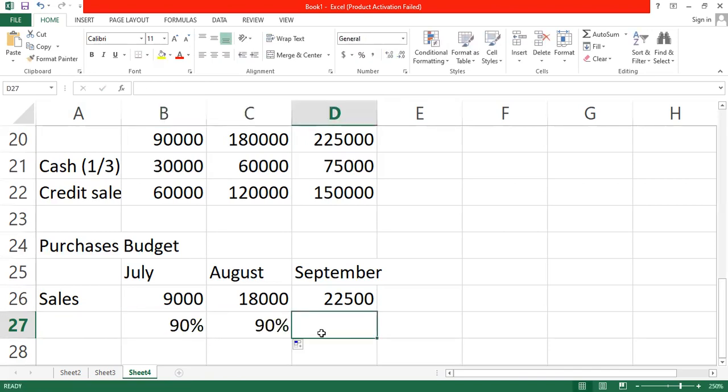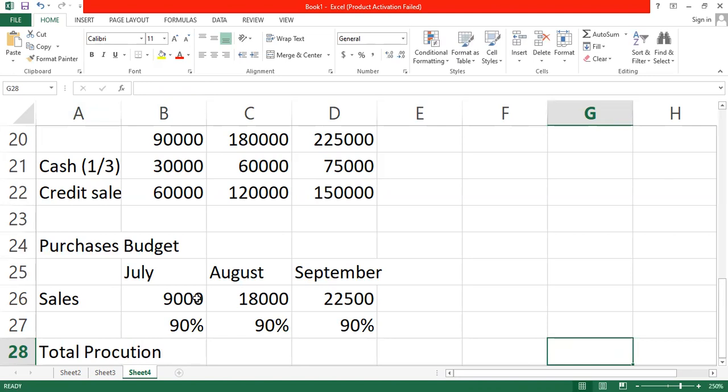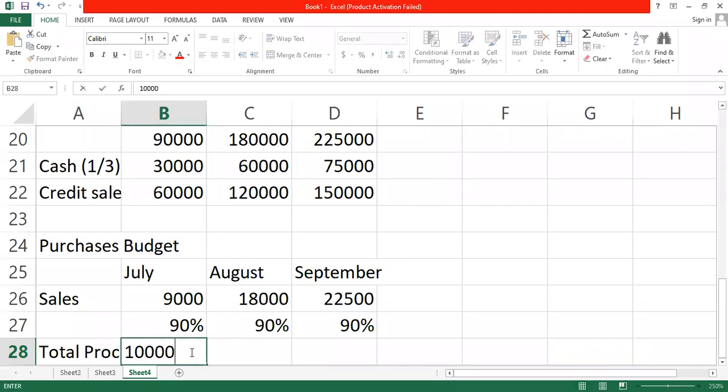So if you want to get 100%, what do we do? Let's divide 100 over 90 times 100. That would be 9,000 divided by 0.9, isn't it? What are you getting? 10,000. So this will be 10,000 units.